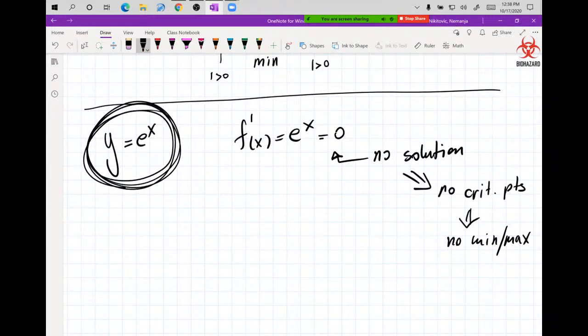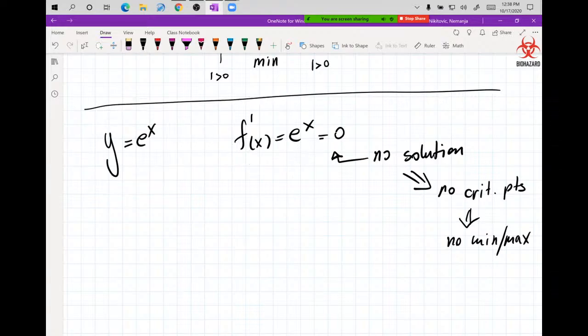You have your y equals e to the x. You have your derivative. You set that derivative equal to 0 because you want to have the horizontal tangency. This 0 here is not an arbitrary 0. This 0 is that m equals 0 business. You are looking for x values that make the slope of the tangent line 0. That's why you are setting everything equal to 0. You're not setting it because the theorem said so.